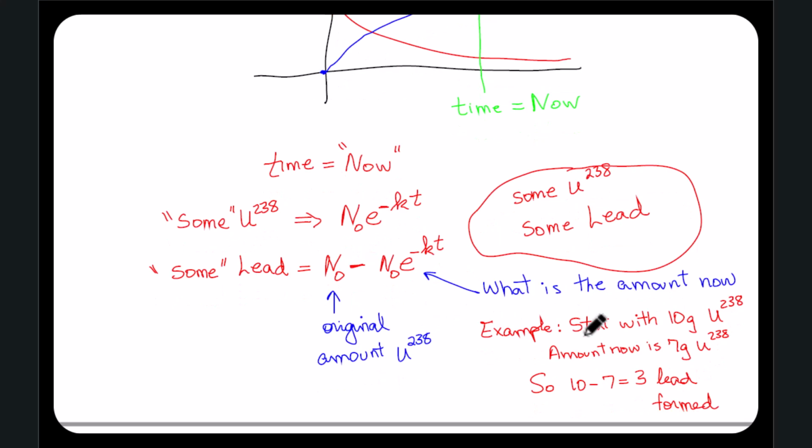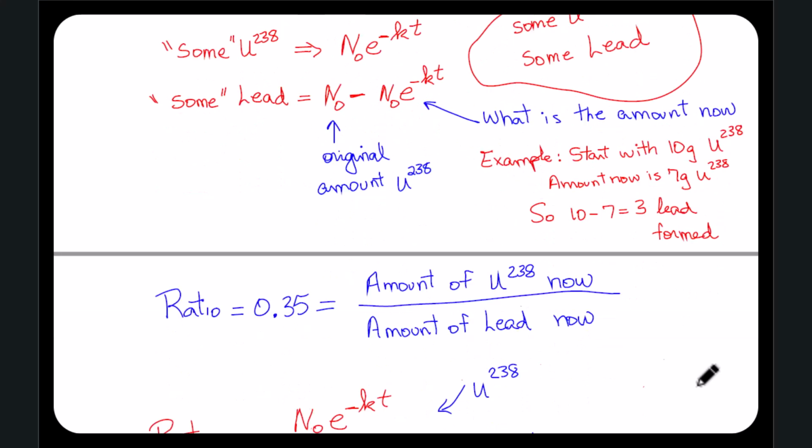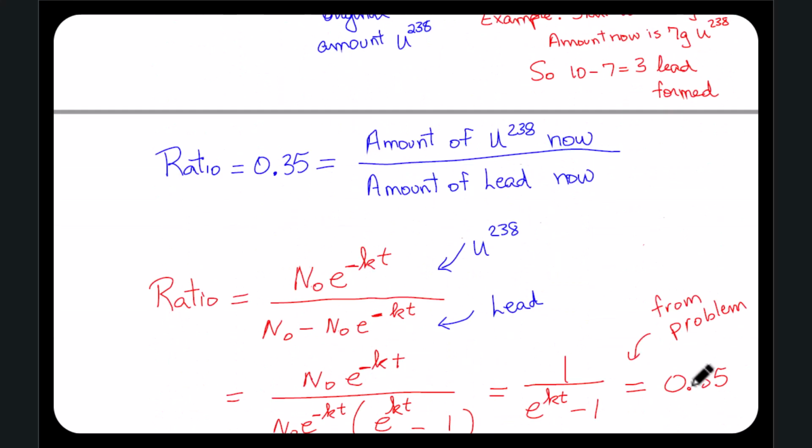So for example, if we started off with 10 grams of uranium and I've only got 7 grams now, that means there must be 3 grams of lead that formed. And so if I form this ratio of the amount now to the amount of lead, I know that that's 0.35. And so we put that ratio together.